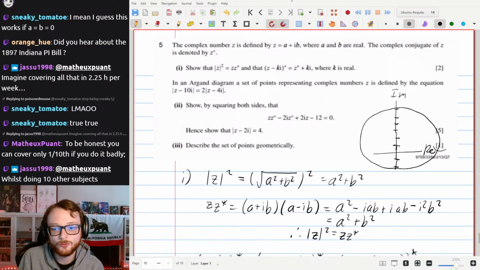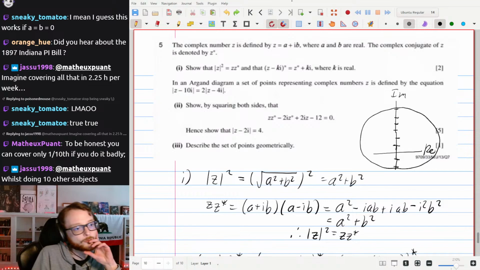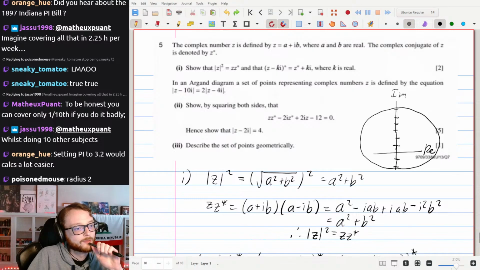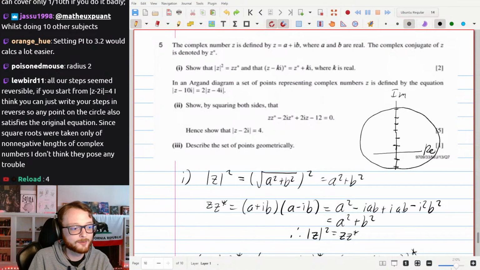It would make sense if it's just a 1 mark question as well. A circle centered at 2i of radius 4. Wait, is it radius 4 or radius 2? Yeah, it should be 2, right? I did that wrong.